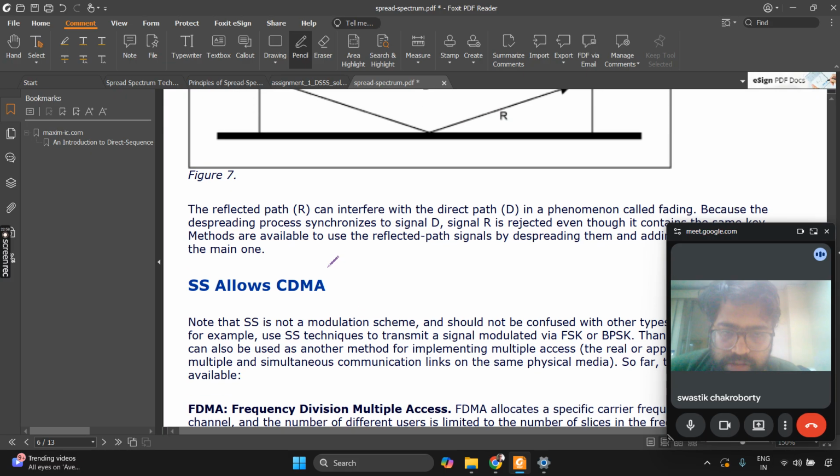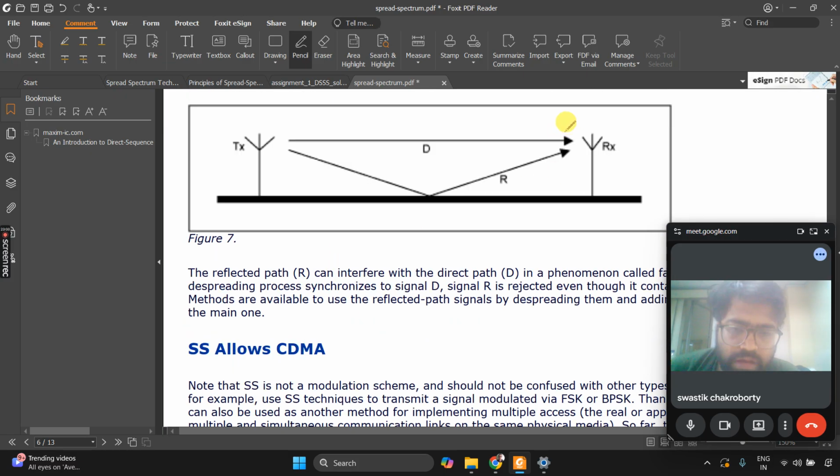Now, the reflected wave that is coming, spread spectrum will reject that reflected wave. Why will it reject that reflected wave? Because it is a delayed signal, and a delayed signal, if you multiply it with the code, will give you an erroneous result.